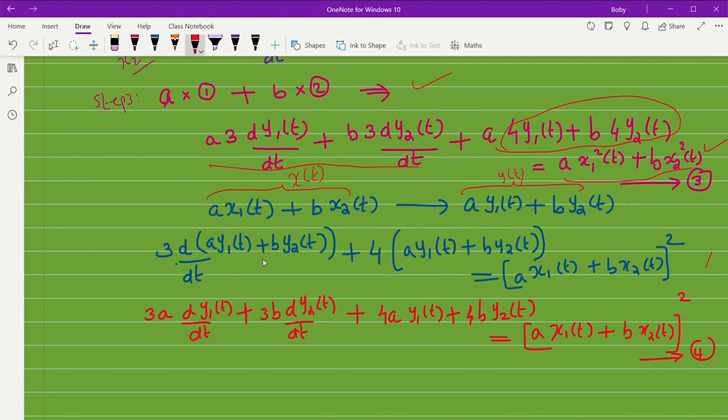So this equation will become 3 d by dt of a y1(t) plus b y2(t), plus 4 times a y1(t) plus b y2(t), is equal to x squared, which will become a x1(t) plus b x2(t) whole square. Okay, so this is our equation number 4.